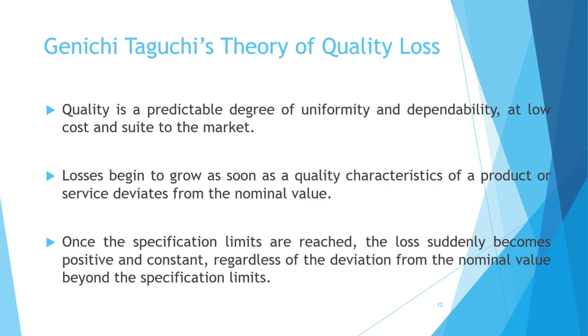So we can say that quality is a predictable degree of uniformity and dependability at low cost and suited to the market. Losses begin to grow as soon as the quality characteristics of a product or service deviate from its nominal value. Once the specification limit is reached, the loss will become constant, that means positive and constant regardless of the deviation.